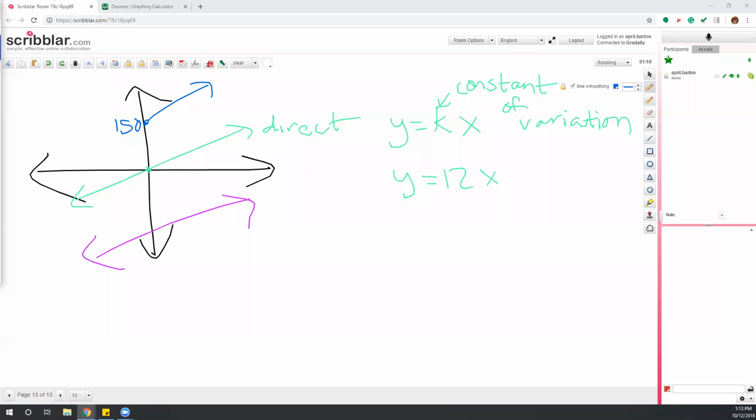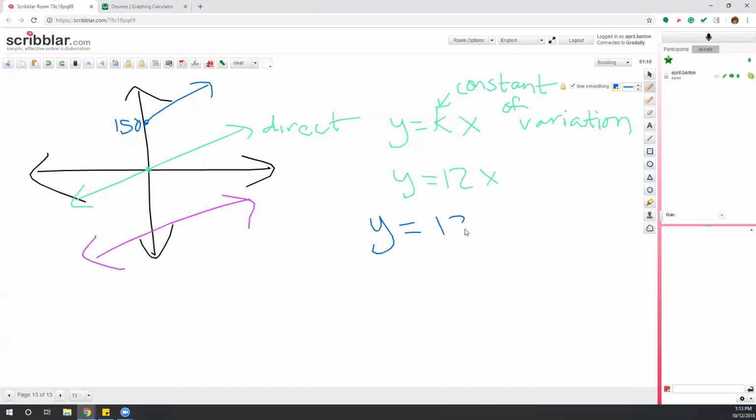Okay, actually, before we get to finding the k, they'll also ask you what equation works for direct variation. So for direct variation, you can't have any addition or subtraction anywhere else. You have to have y equals a number times x, and that's it.